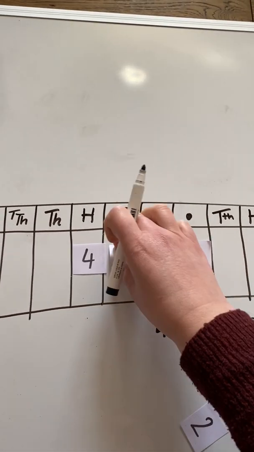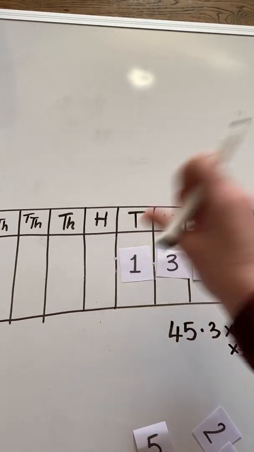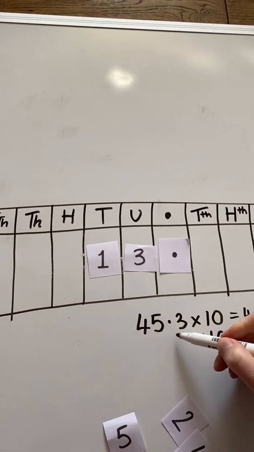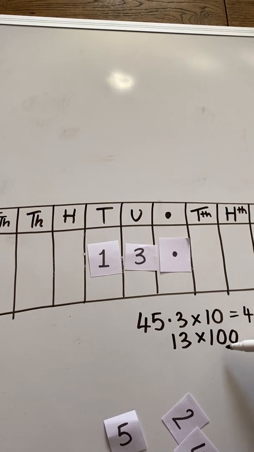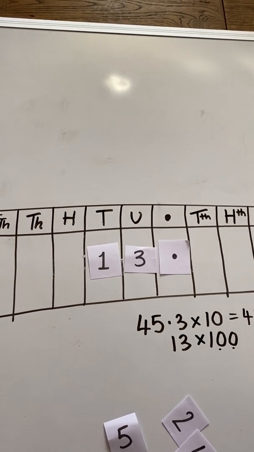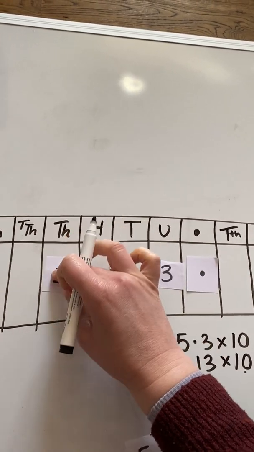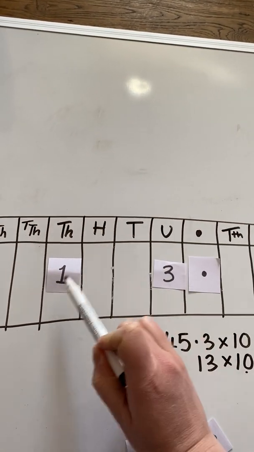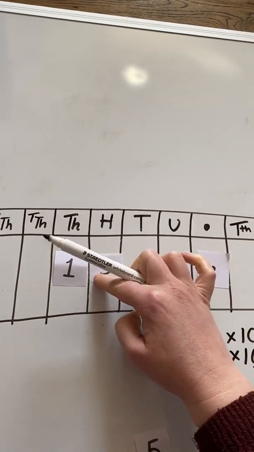So if I was to take a different number, so let's see, like 13, and we were going to times that one by 100, we're going to bump it 2 places to the left. So we're going to jump 1 and then 2. So that 1 has moved from the tens up to the thousands. And the 3 is going to do the same, bump 1, bump 2.